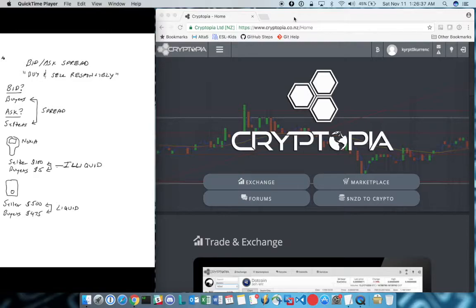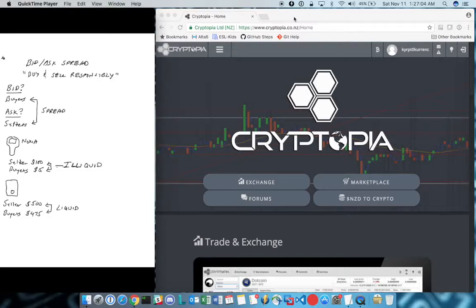That means the higher liquidity a product has, the more likely that it will exchange hands at a reasonable price. Going back to my Nokia example, if I've got a Nokia phone that has the $95 spread between the buyers and sellers, the chances that we're going to exchange that phone at kind of in the mid-price, the middle between the bid and ask, is highly unlikely.